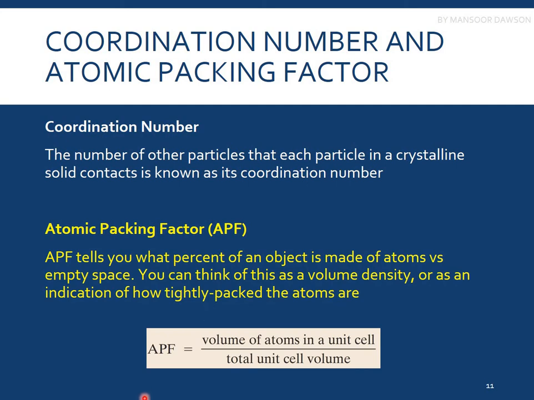The atomic packing factor, APF, is equal to the volume of atoms in a unit cell, that is the volume of the actual atoms in one unit cell, divided by the total unit cell volume. So you are finding how tightly packed your unit cell is, or how tightly packed your atoms are.